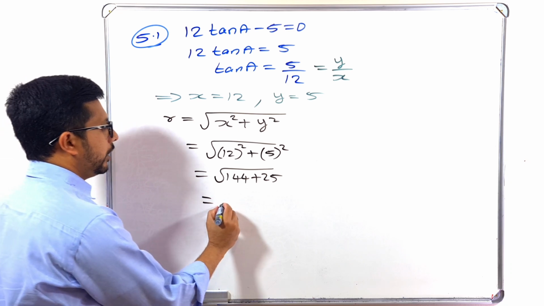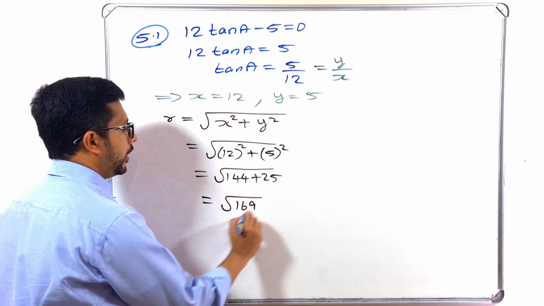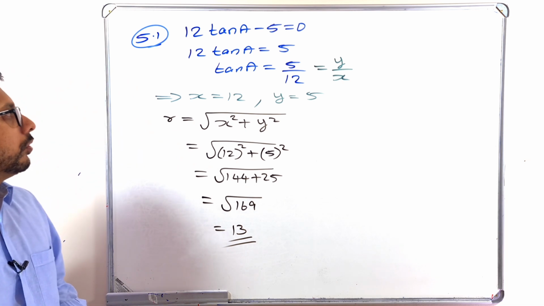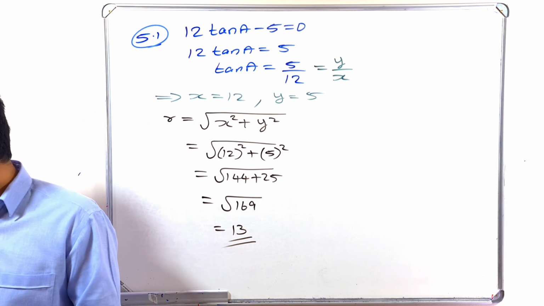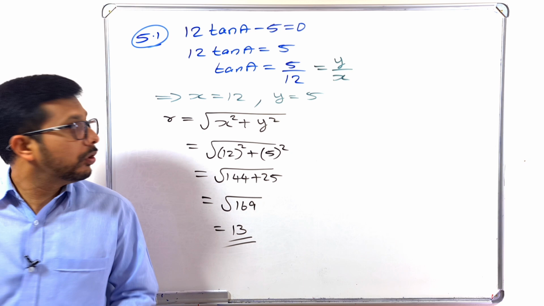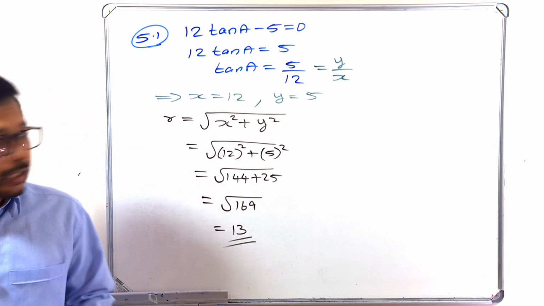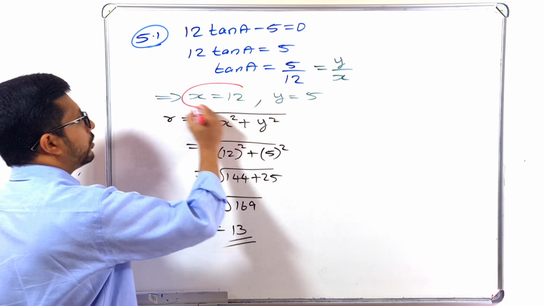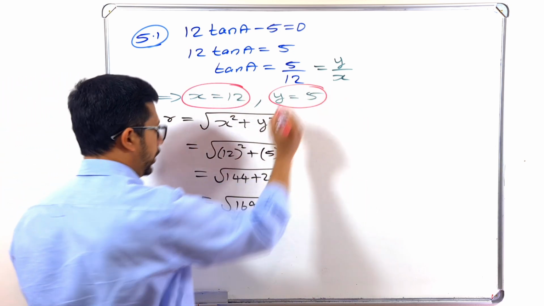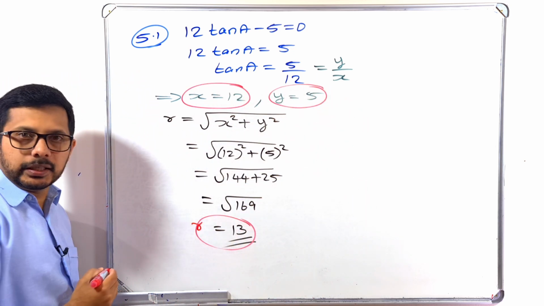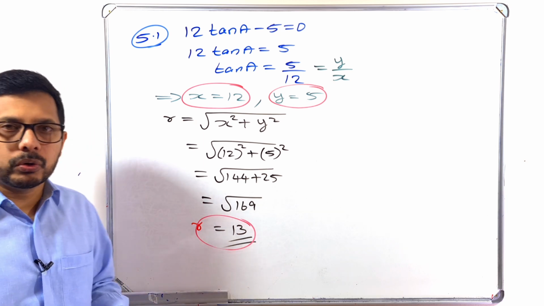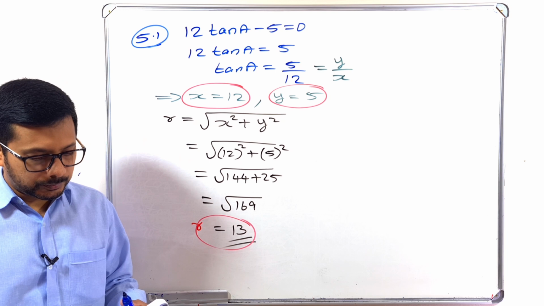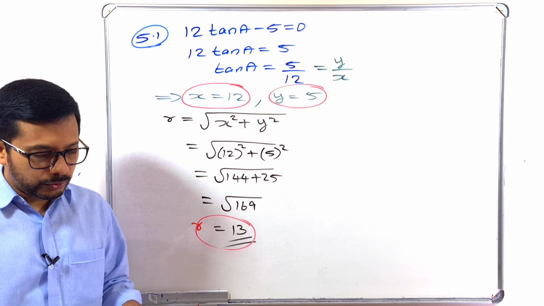Root of 169 is equal to 13. So now we know all the values: x is equal to 12, y is equal to 5, and r is equal to 13. Okay, now let's try to draw the Cartesian plane, and with the help of using a diagram.